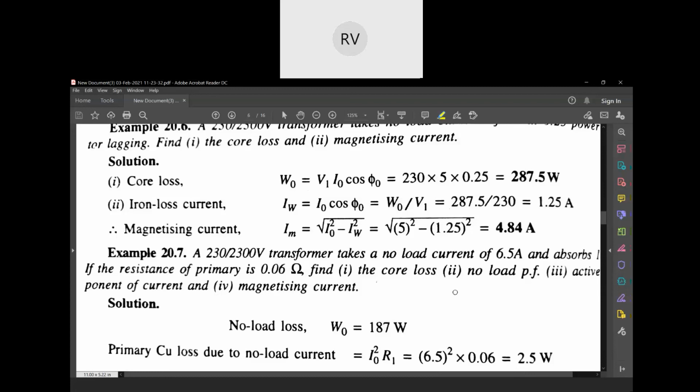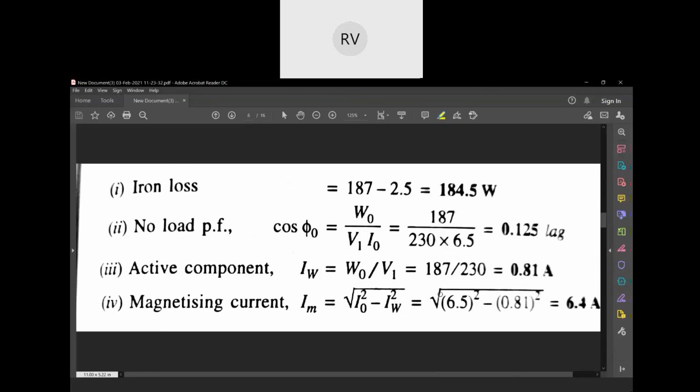If you calculate the primary copper loss, you will get 2.5 watts. So the total iron loss is nothing but the total net loss minus the primary copper loss, right? So if you remove that, you will get the iron loss as 184.5 watts.